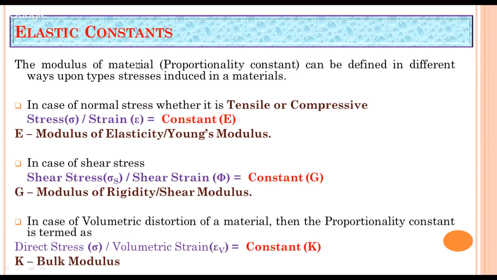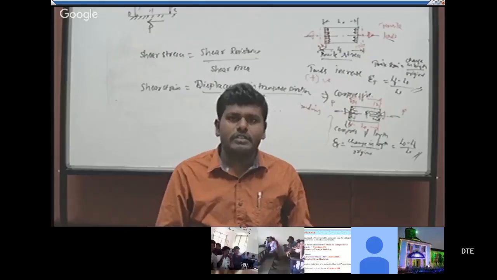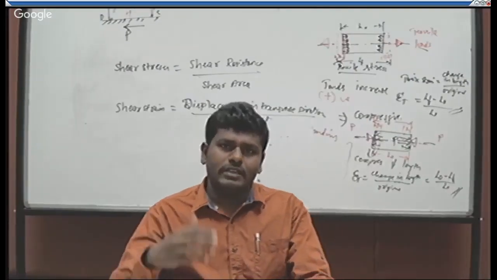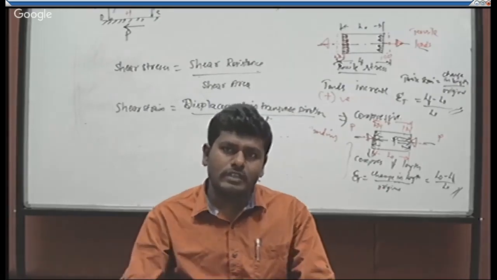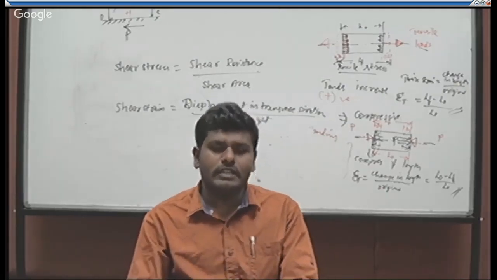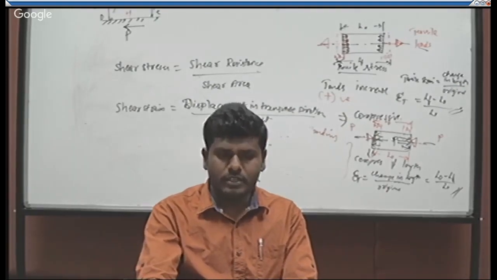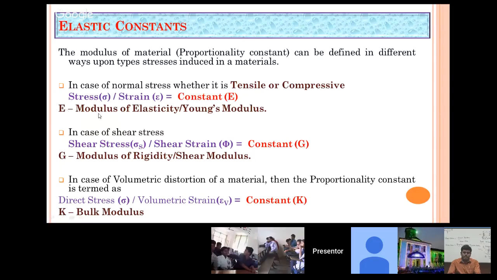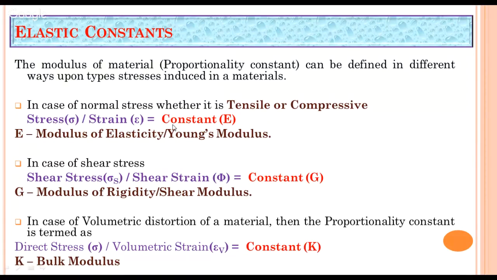I hope it's clear now what is meant by tensile stress and compressive stress, what the force acting direction is in tensile, compressive and shear stresses, and the corresponding tensile strain, compressive strain and shear strain induced in materials. From Hooke's law, it is concluded that the ratio of stress to corresponding strain is constant up to the proportionality limit.